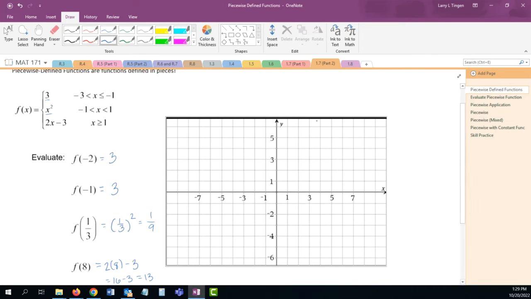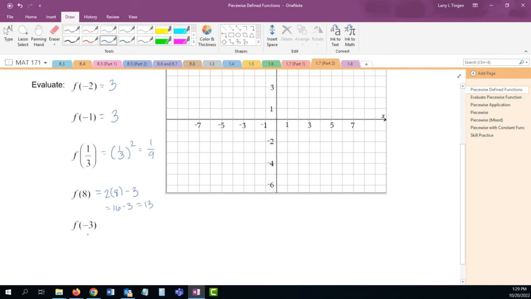Good. Excellent job, Sarah. None of them do. The temptation is to say this first one does, but it doesn't because this is x is greater than -3. When x is -3, this function is not defined. So that's what we put. Is not defined.